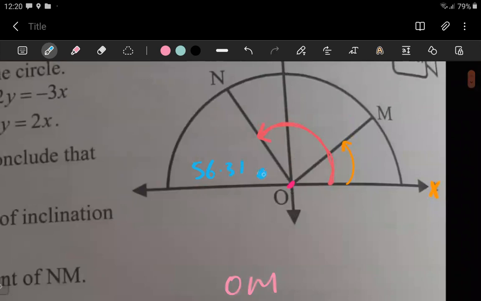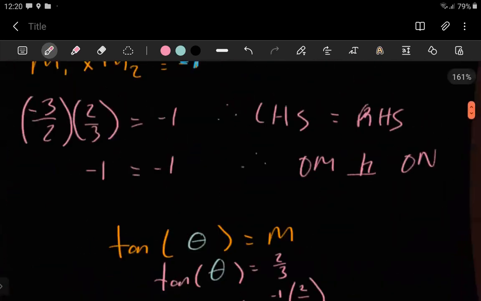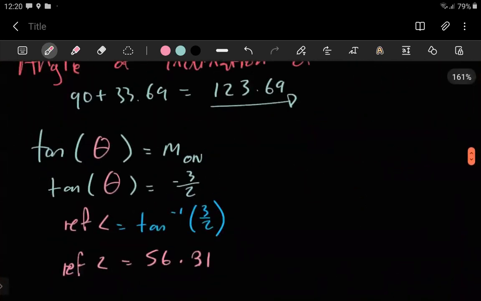I have a question now. If I do leave it as a negative, do I lose marks? Well, if you leave it as negative, let's actually put it in a calculator so that you see what we get. If you left the number as a negative and put it in your calculator, the answer you get there is -56 point something.